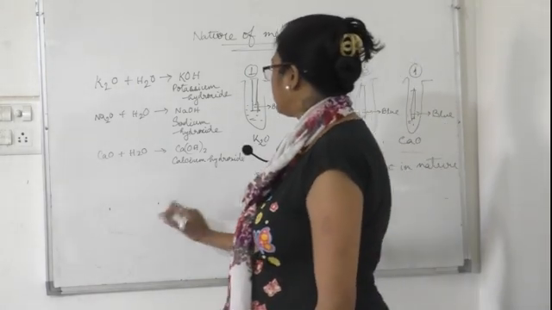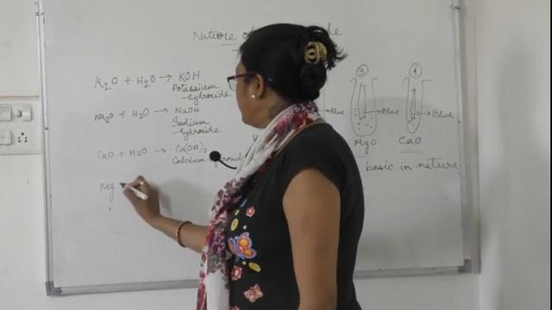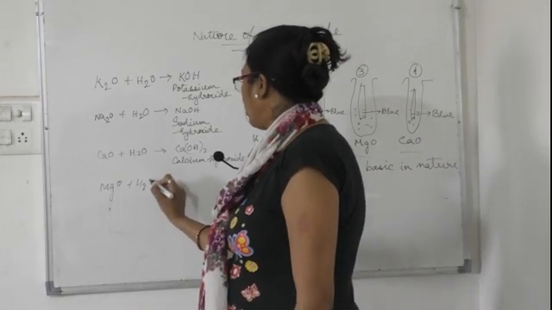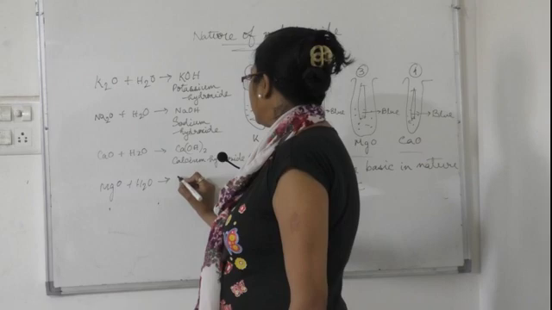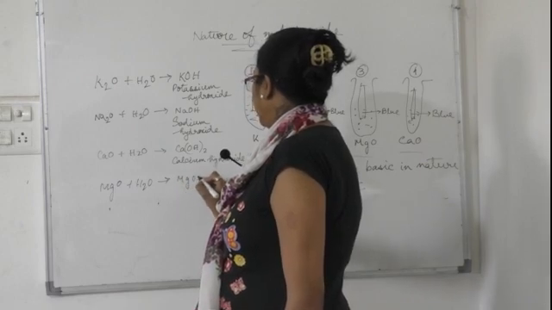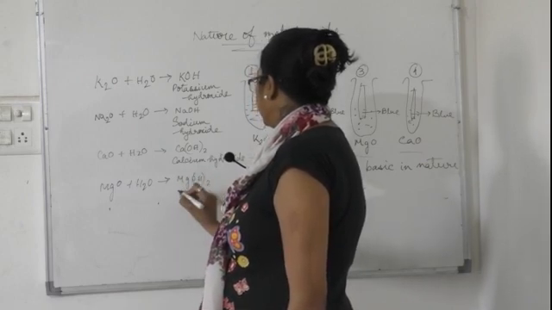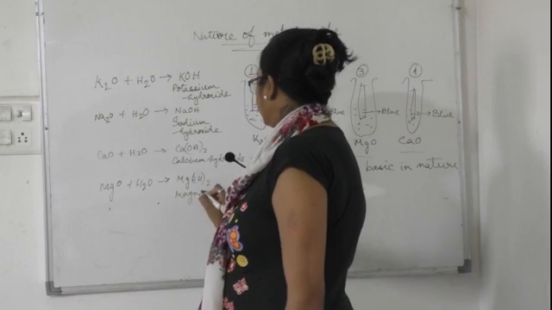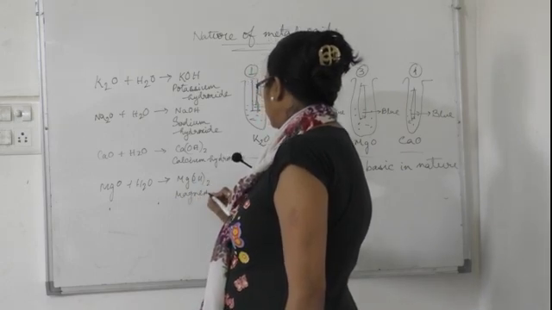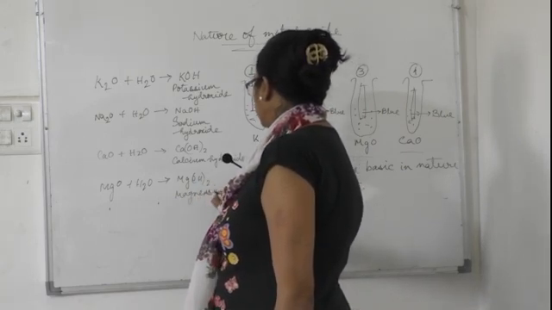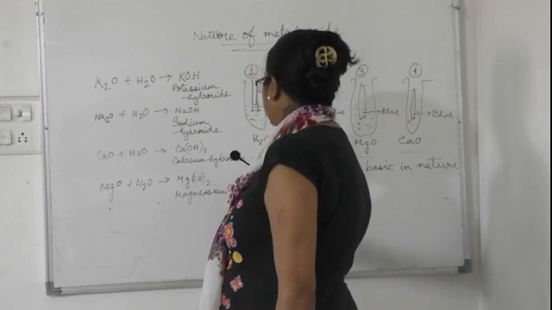And again MgO plus H2O is Mg(OH)2, magnesium hydroxide.